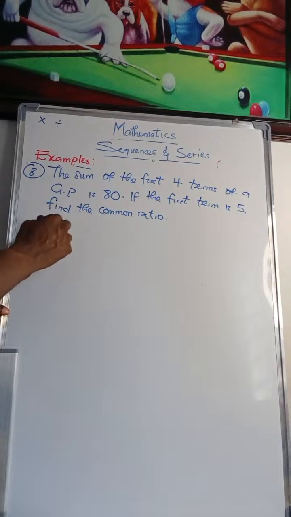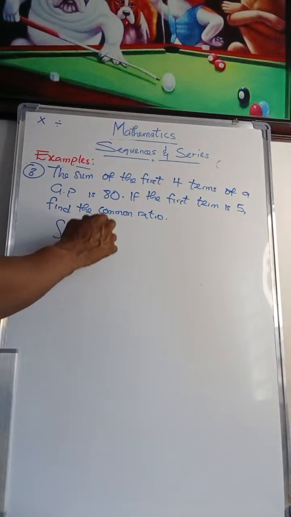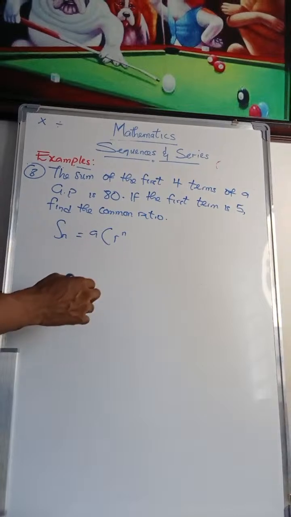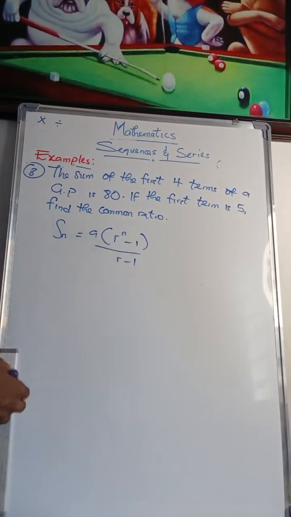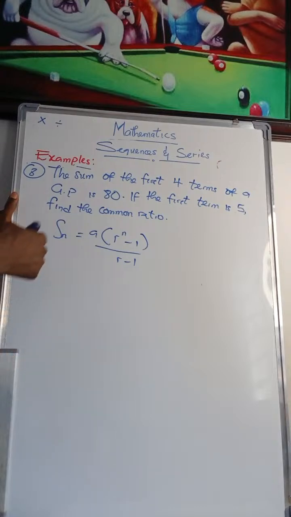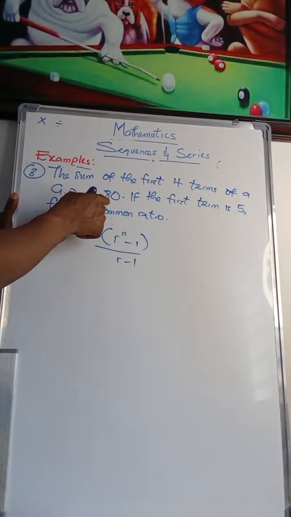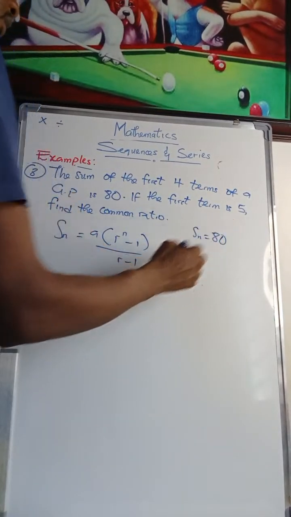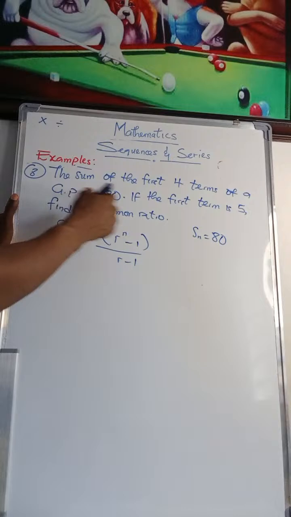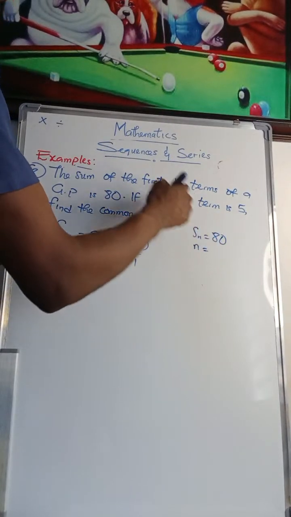So our Sn equals a times r to the power n minus 1 over r minus 1. The sum is given to be 80. Then our n is 4.